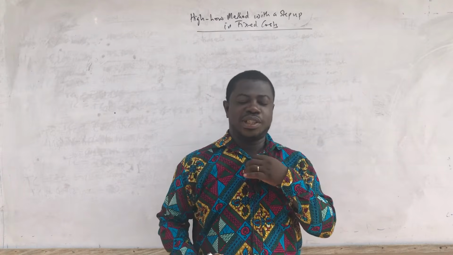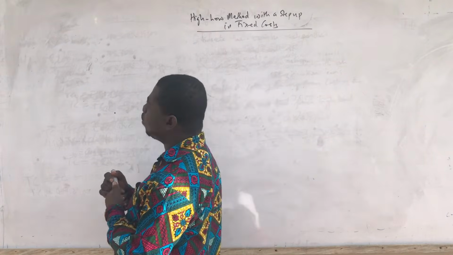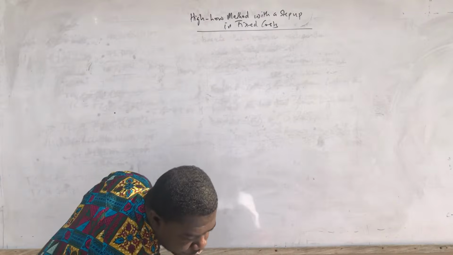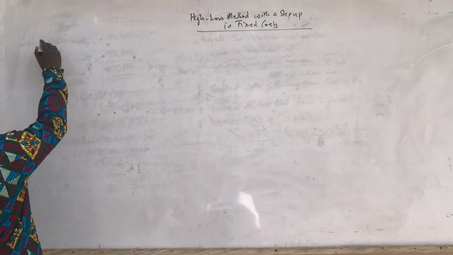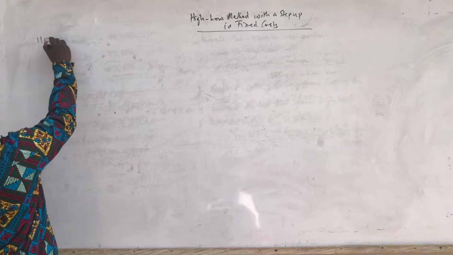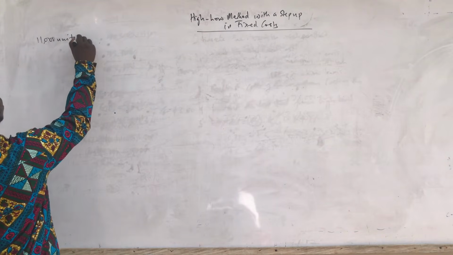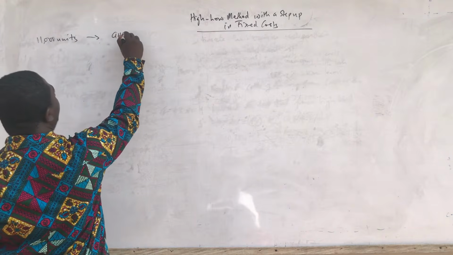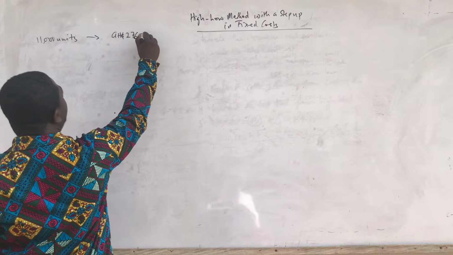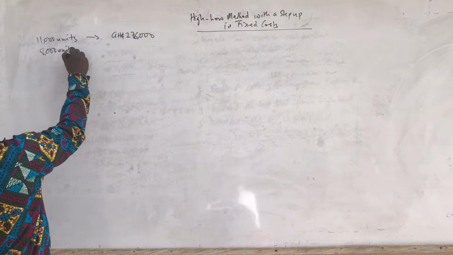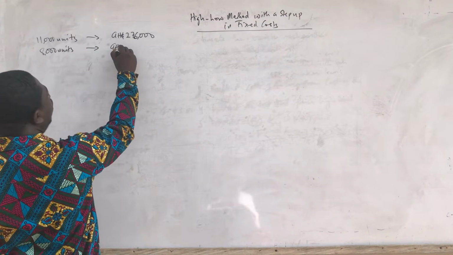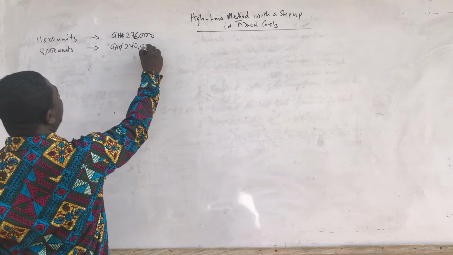Now, looking at this question, we are given 3 activity levels. We are given 11,000 units at a cost of 276,000. We are given 8,000 units at a cost of 240,000.